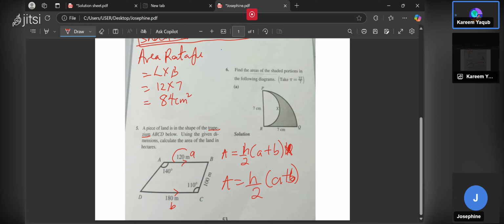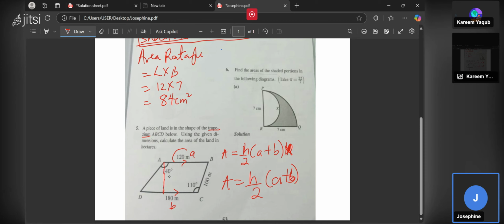We don't know the height. How are we going to identify the height? That is where the problem is. To do that is very, very simple. What we are going to do is draw a perpendicular line here that will give us the height.